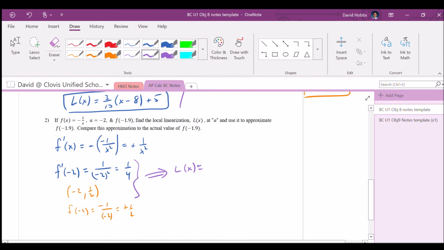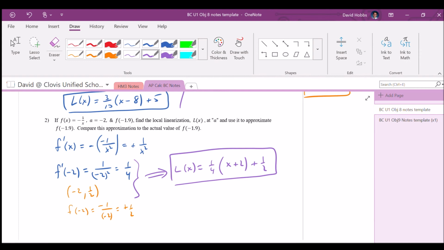L of x is equal to, I've got my slope, 1/4 times x minus a, which is -2, and plus 1/2. Okay, so there's my local linearization.